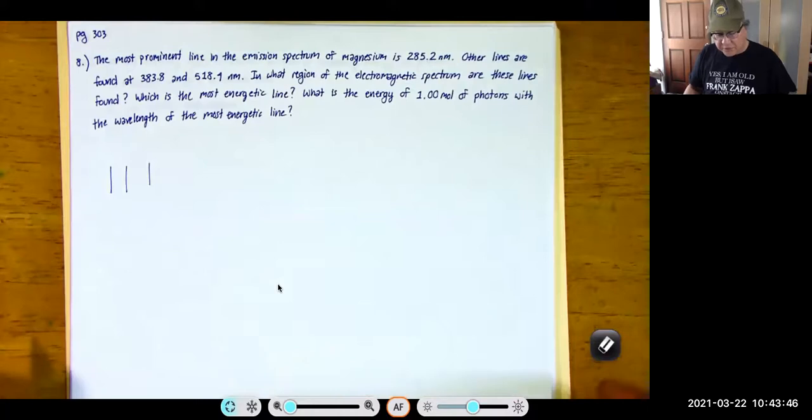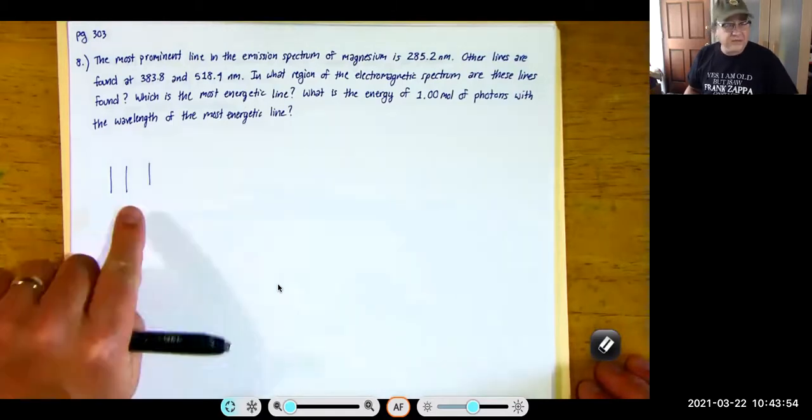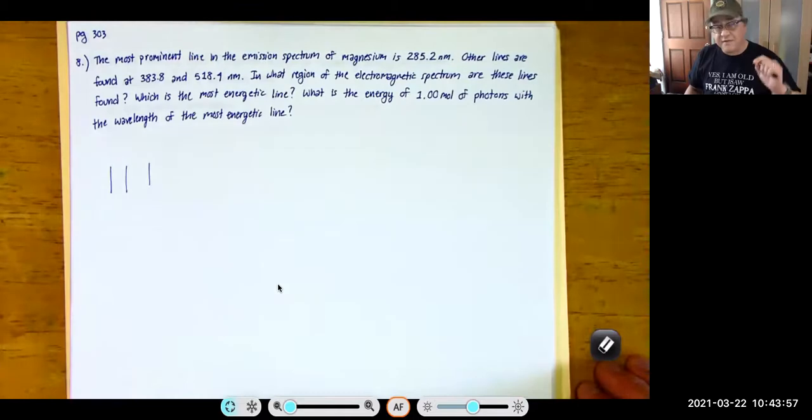So you see these lines of spectrum instead of a rainbow of colors. And that's what happens when you heat up any sample of a particular element. You get what's called a line spectrum. And the line spectrum is as good as a fingerprint. It's better than a fingerprint for identifying the type of element that is emitting that particular spectrum.